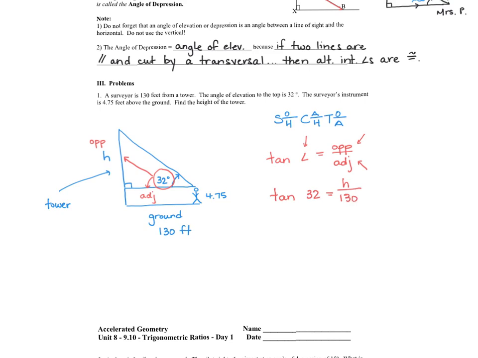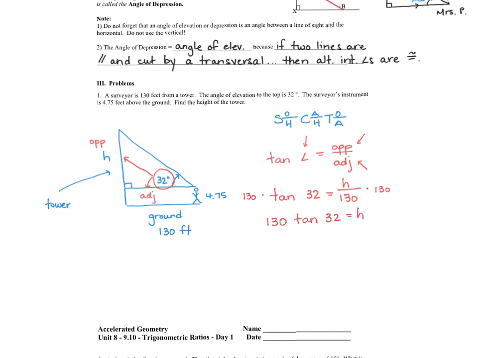If I want to find the height between the observer's eye and the top of the tower, I'll multiply both sides by 130. That gives me 130 tangent of 32 equals the height.